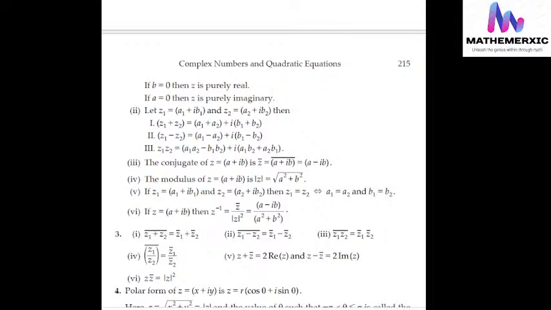The modulus of z, where z is a plus ib, is root of a square plus b square, that we can have as the value.